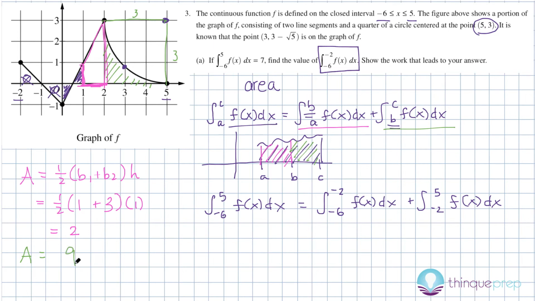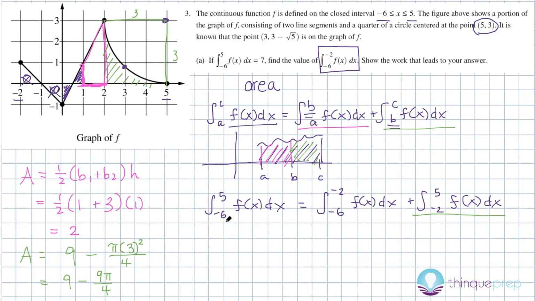So then we'll just call that 9. And then the area of a quarter circle is pi r squared over 4. Since the center is (5, 3), we know that our radius is 3. So then the area of the curve under the semicircle is 9 minus 9 pi over 4. So then we've figured out this component then, the area from -2 to 5.